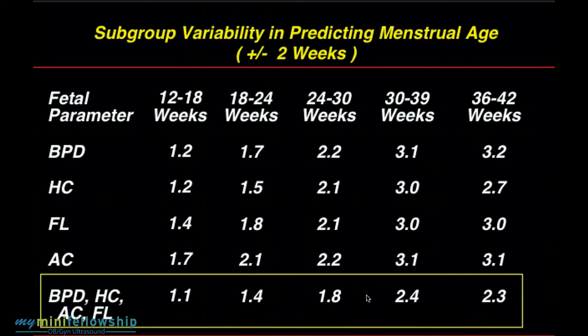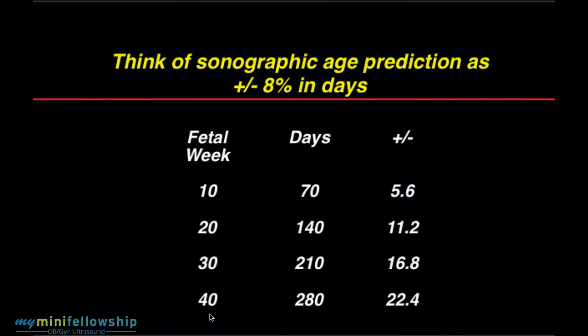The other thing that Hadlock taught us is that if in fact we took all the measurements and tossed them together in a polynomial regression equation, we actually get the best accuracy of prediction across the trimesters of pregnancy. Another way to look at this is to think of all of these sonographic predictors as predicting plus or minus 8% in days.